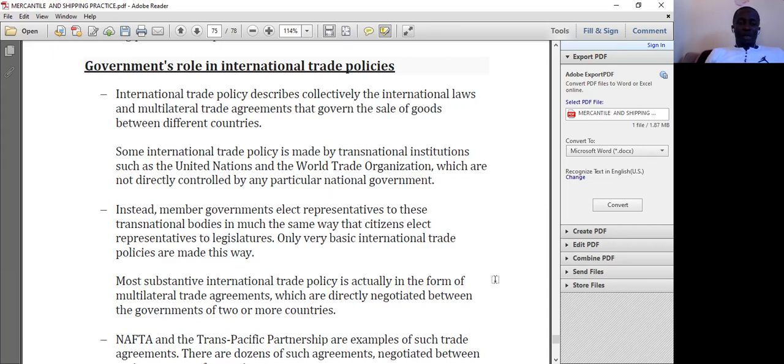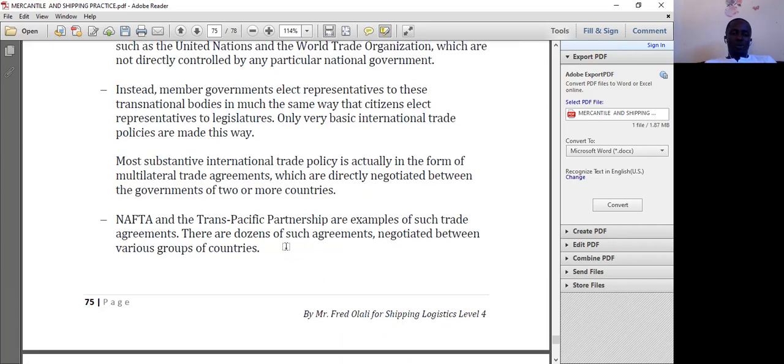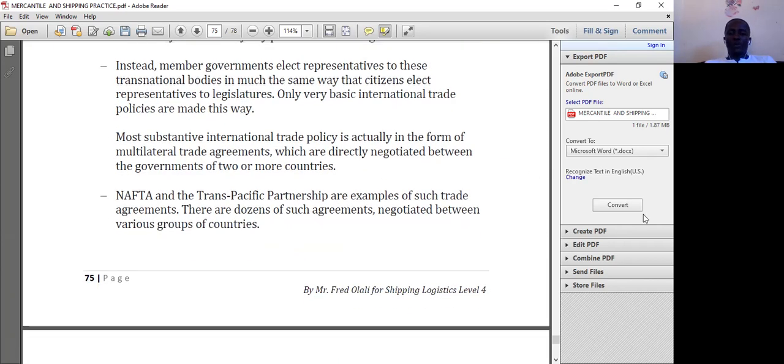Some international trade policy is made by transnational institutions like the UN and WTO, which are not directly controlled by any particular government. Instead, member governments elect representatives to those transnational bodies in much the same way as citizens elect representatives to the legislature.